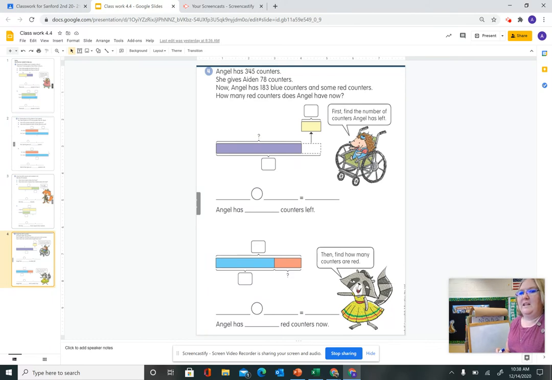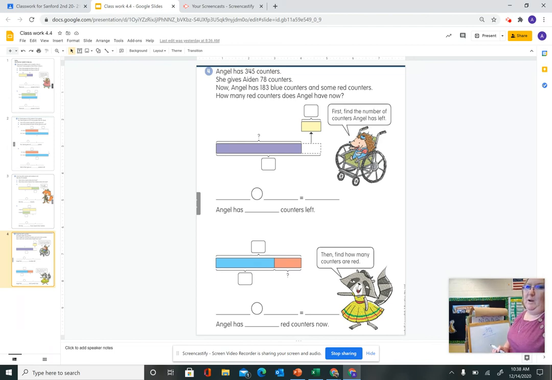So we're going to take our 345 counters that she started with, and we're going to subtract because they use that word left, right? She gave Aiden 78 counters. So how many red counters? Now Angel has 183 blue counters and some red counters.